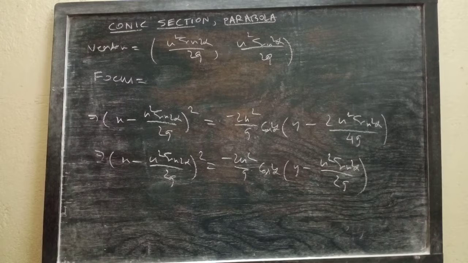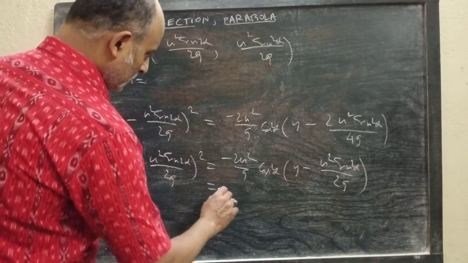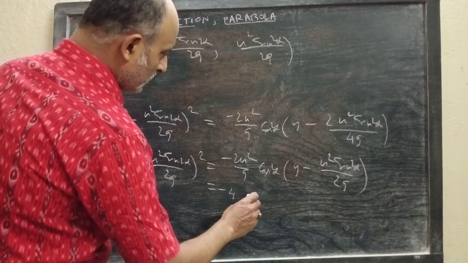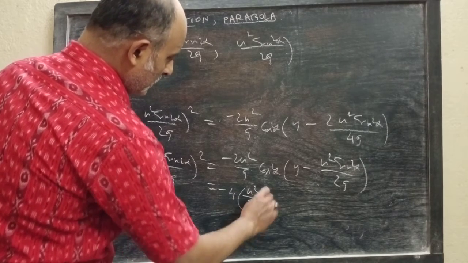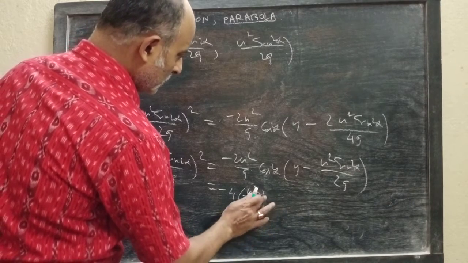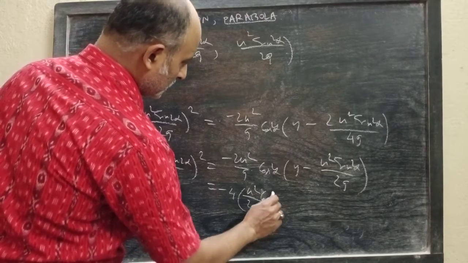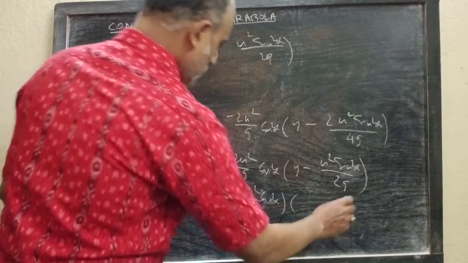After the vertex, focus will be calculated as minus a comma 0. So a will be minus 4 into u square by 2g cos square alpha into this one.